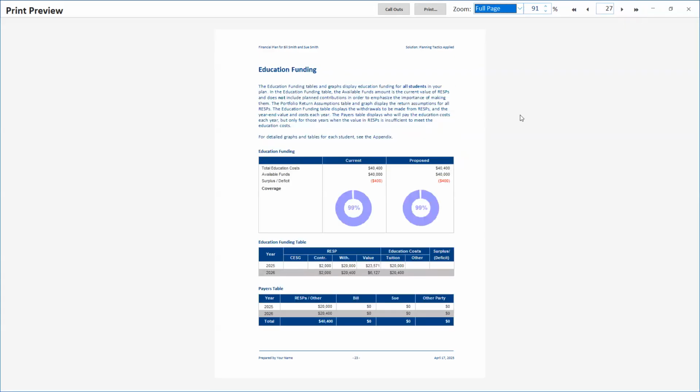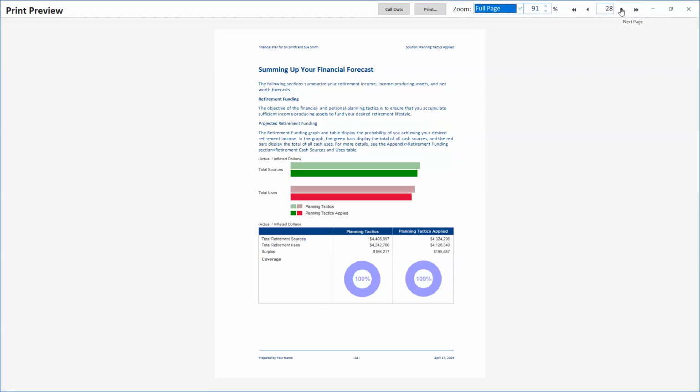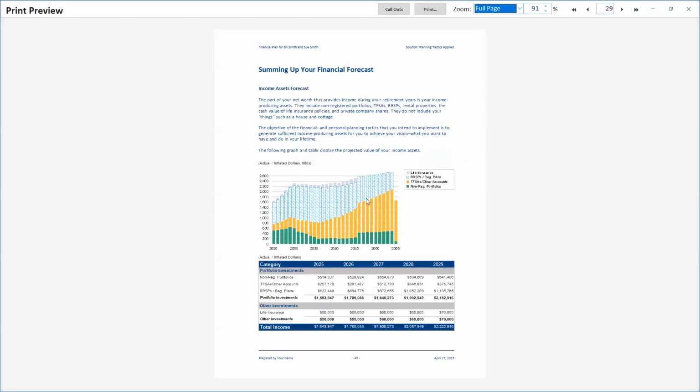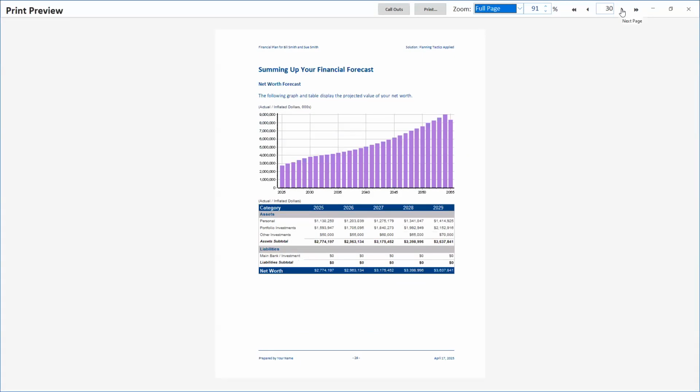Education funding, this is a summary for all students. And then in the appendix, we display the same content, but for each student. Summary, income assets forecast over the life of the client, the table just for the next 5 years. Longer term, the numbers are going to be less accurate. Same thing with net worth.